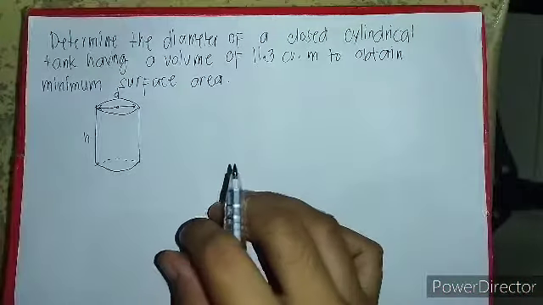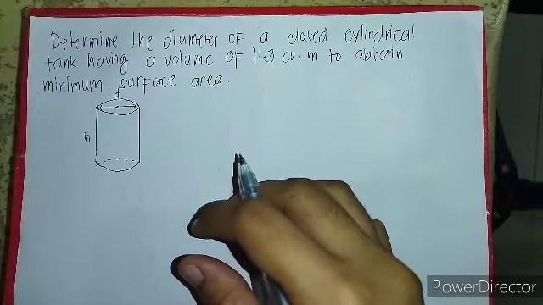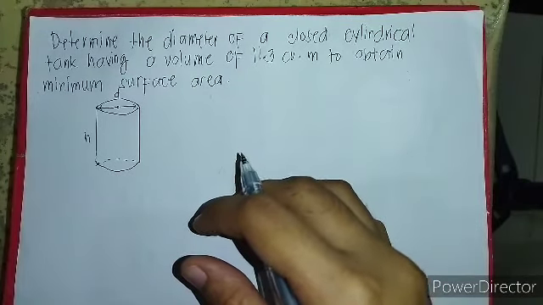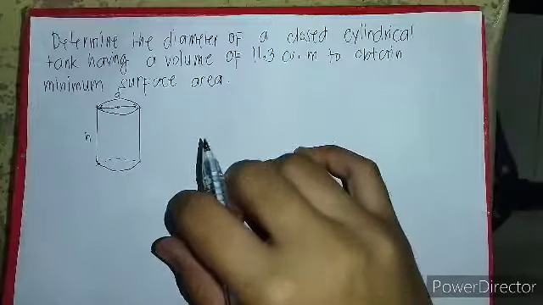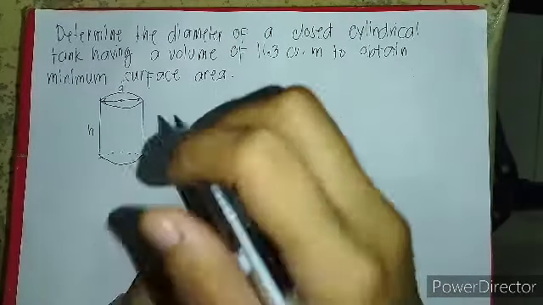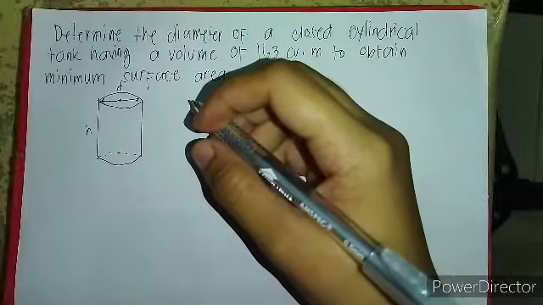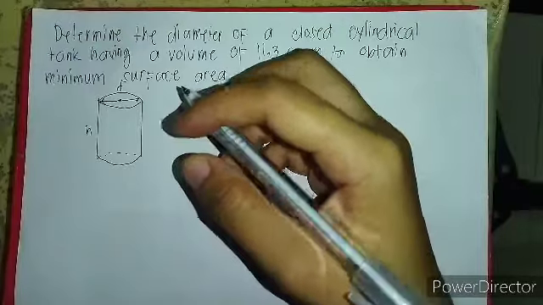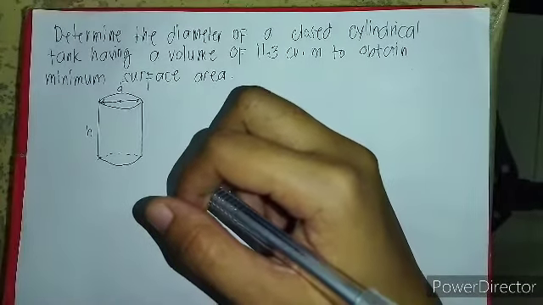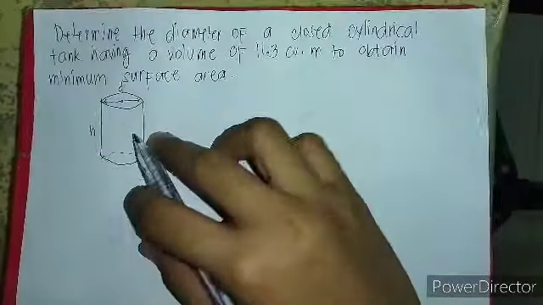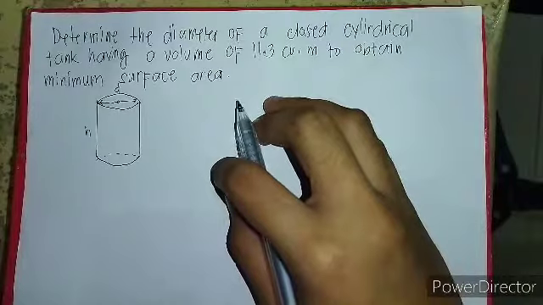So the next, or the last one, which is example number 3, the problem states that we have to determine the diameter of a closed cylindrical tank having a volume of 11.3 cubic meter to obtain minimum surface area.